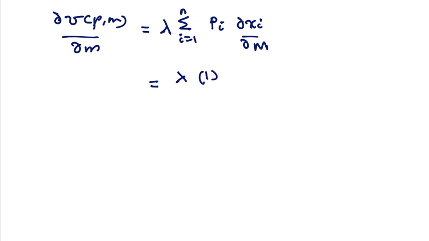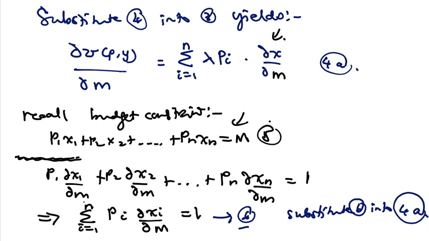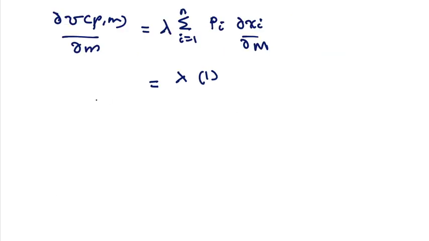Why? Because expression 6 here says the whole thing here is actually equivalent to 1. So this one is actually equivalent to 1. Then we get this. So finally, this implies delta V over delta M is actually lambda.